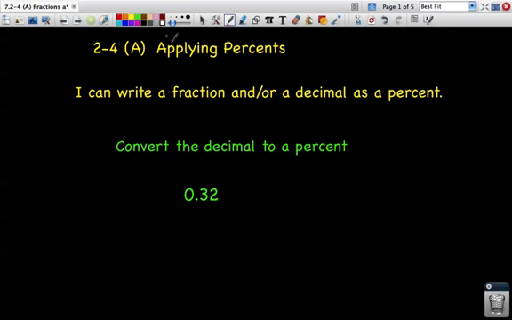First, my first problem, I have a decimal and I want to convert my decimal to a percent. When we're converting decimals to percentages, we're just multiplying them by 100, and that'll give us our percentage from the decimal. So 32 hundredths times 100, I can just add my two zeros and then do 1 times 32, which is 32.